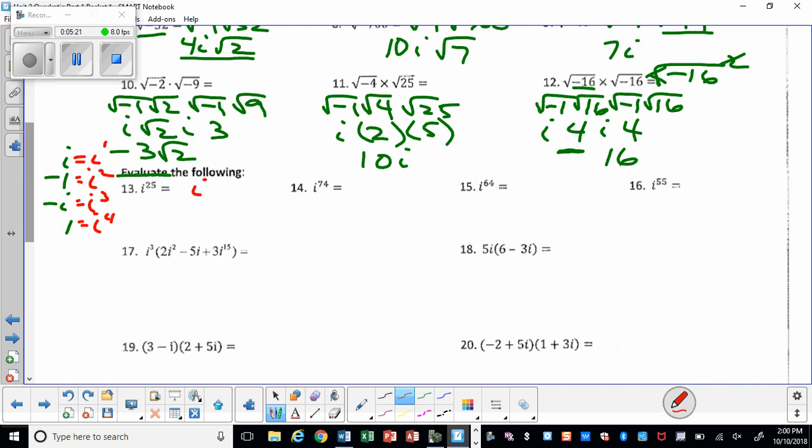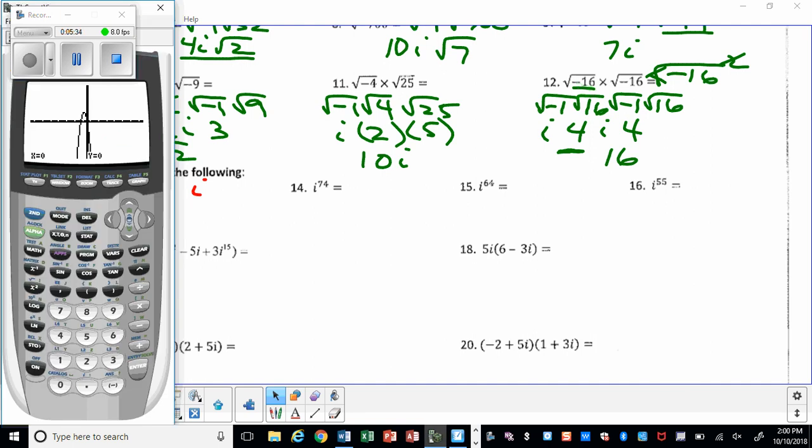So if I take 74 divided by 4, you're looking at the remainder, and we'll just do it on the calculator. Let me get my calculator.